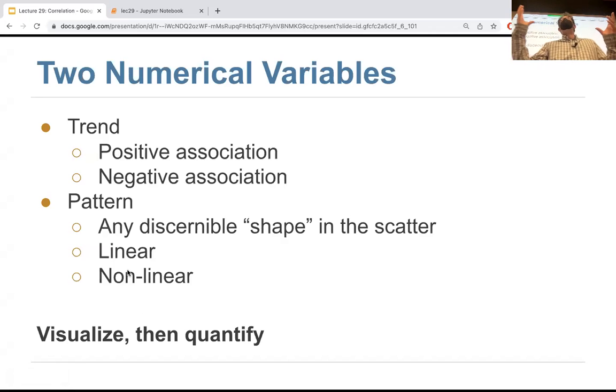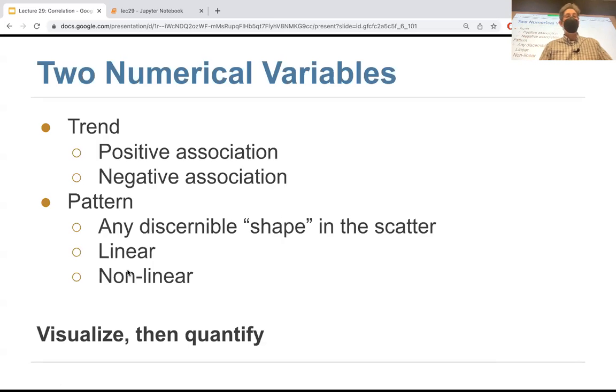But if the scatter plot that you draw doesn't look like a line at all, it looks like some weird curve, then it doesn't make any sense to draw a line through it. People do it all the time out there in the world, even accomplished scientists draw lines through things that don't look like a linear association at all, because it's the most convenient thing to do. But it usually isn't the thing that tells you the most about your data.